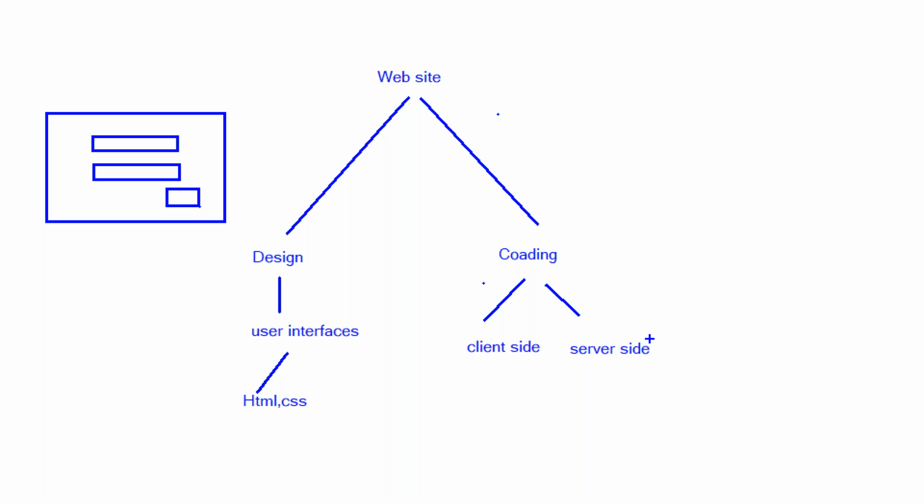Client-side script means which is executing in browser. This script is executing in browser, in the client system. And if you take server-side script, this script is executing in web server. Like that here, two types of scriptings we have. So here our main concentration is on client-side script.